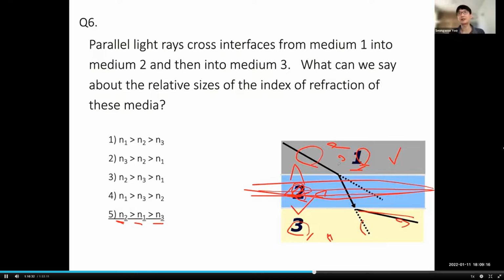Okay, you just directly compare the direction between 1 and 3. And you can also find that the light bends toward the medium 1. Therefore, the medium 1 has a higher refractive index than the medium 3.